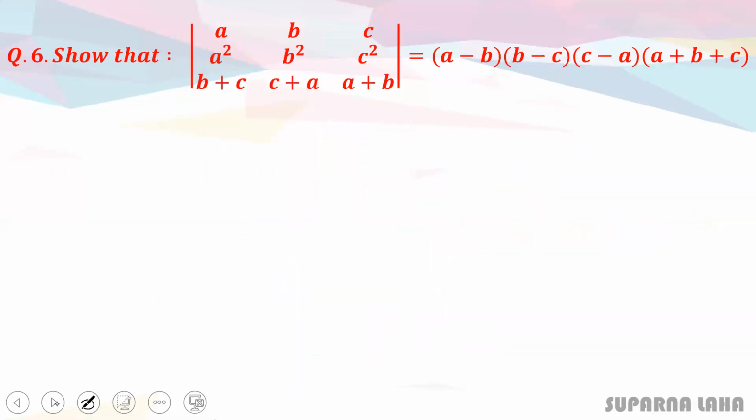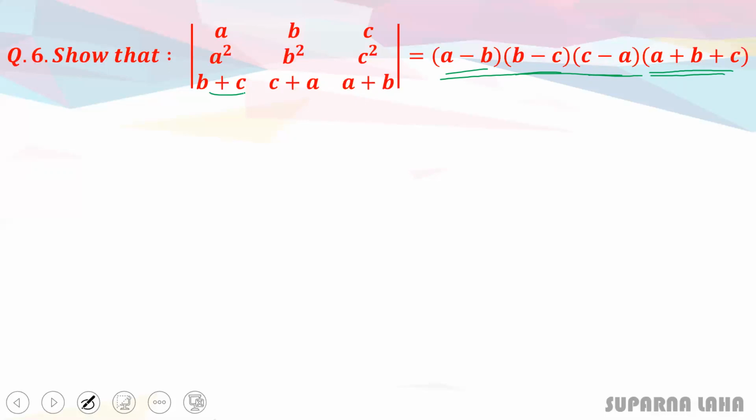Okay, so next problem: A square, A, B, C, then A square, B square, C square, then B plus C, C plus A, A plus B. You need to prove this value is given by A minus B, B minus C, C minus A. Now I hope you can find this value. For this value, we need the factor A plus B plus C. Look, B plus C is here.